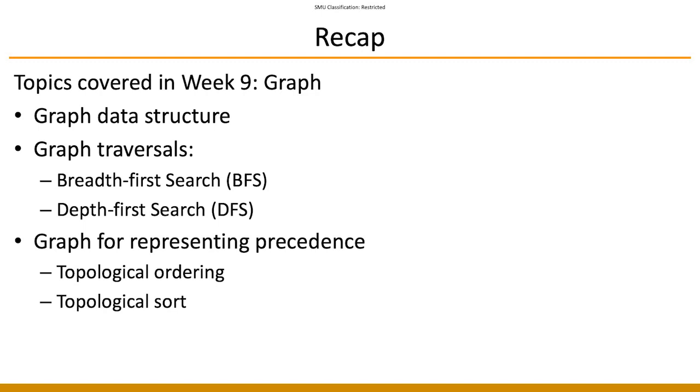So just to recap a little bit about what we have covered last week, we have introduced graph as a data structure and two important methods in which we can traverse the graph, breadth first search and also depth first search. And finally, we've introduced graph as a way to represent precedence.